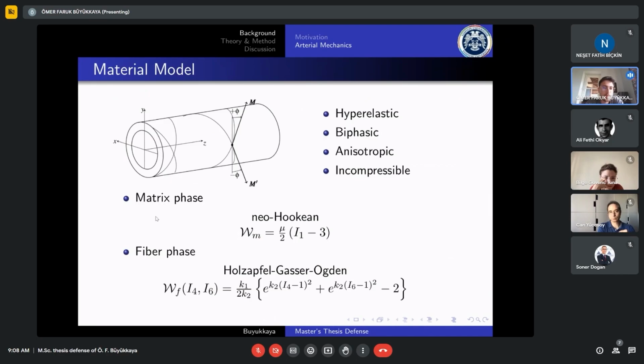For a biphasic material, for the matrix phase, we use the well-known neo-Hookean material, which depends on only one parameter, the infinitesimal shear modulus mu. And for the fiber phase, we use the Holzapfel-Gasser-Ogden model, which includes two parameters. K1 is the infinitesimal stiffness parameter, and K2 is the stiffening rate parameter.